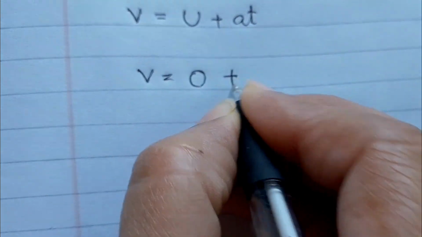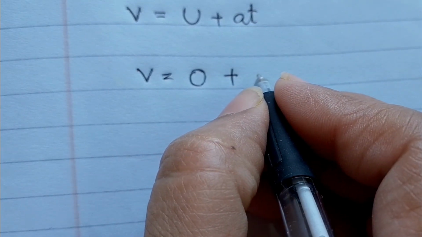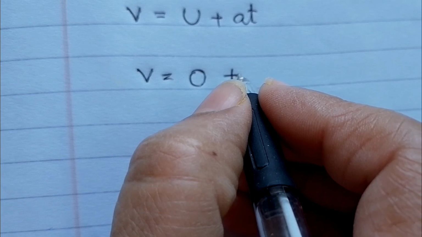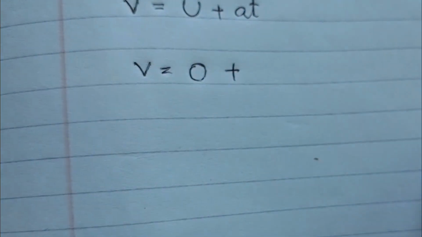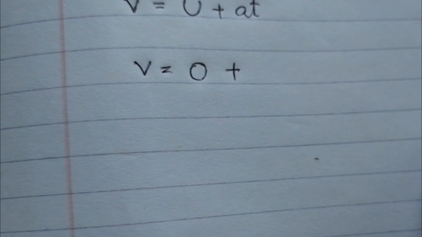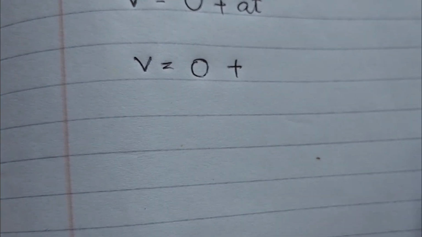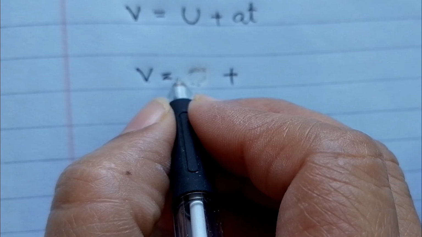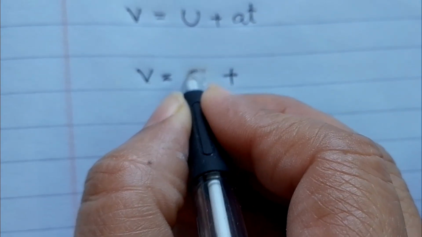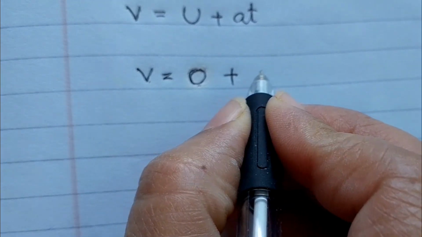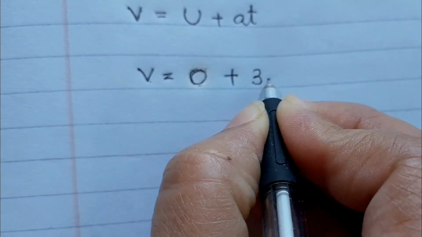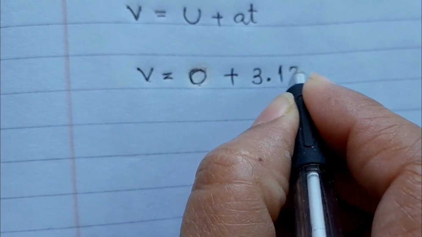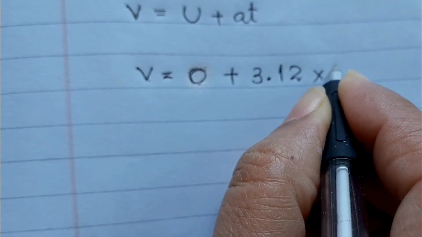So by using the first equation of motion, v is equal to u plus at, where u is the initial velocity and the initial velocity is 0, because the BMW is starting from rest. That's why we will use the value of initial velocity as 0, and the acceleration which we have found earlier, which is 3.12, and the time is 16.